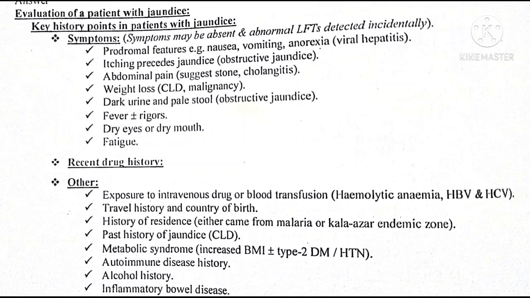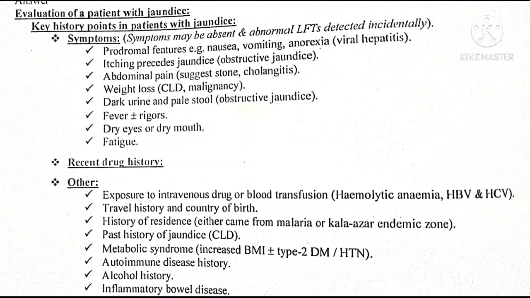Weight loss occurs in chronic liver disease and malignancy. Dark urine and pale stool are seen in obstructive jaundice. Fever plus rigors may be present, and dry eyes or dry mouth and fatigue may be present.